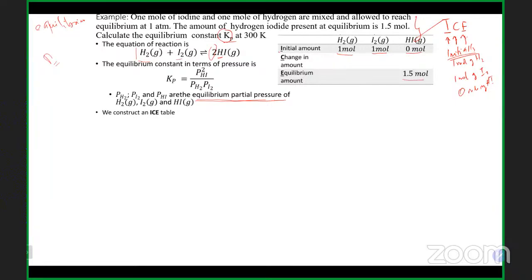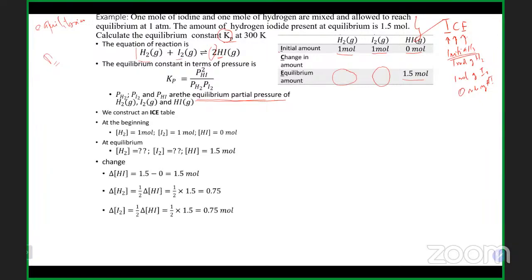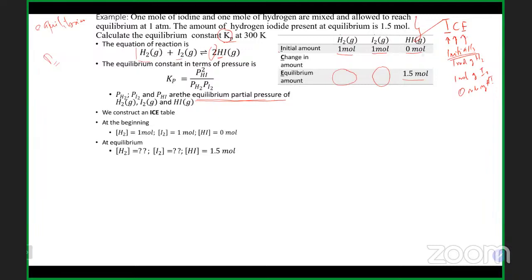So what we need to do now to calculate this expression is to determine the number of moles of H2 present at equilibrium and the number of moles of I2 present at equilibrium. That's what we need to do. So initial concentration and at equilibrium, that's what we just described. So let's pay attention. The total number of moles going from 0 to 1.5 is positive 1.5.